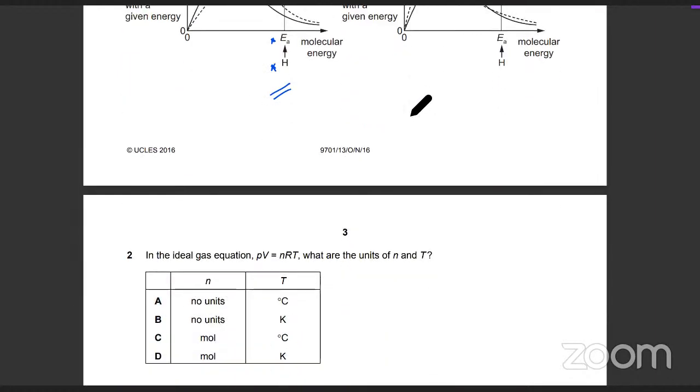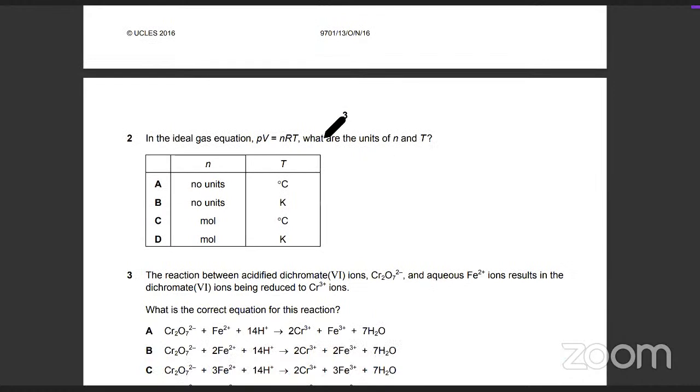Next one. In the ideal gas equation, PV is equal to nRT, what are the units of n and T? N is moles and T is going to be in Kelvins.